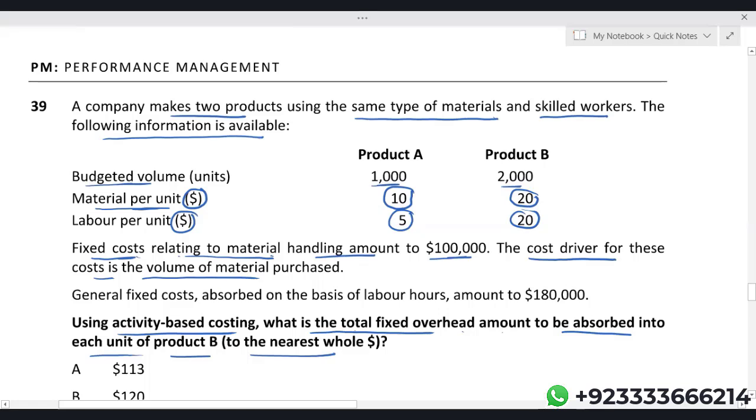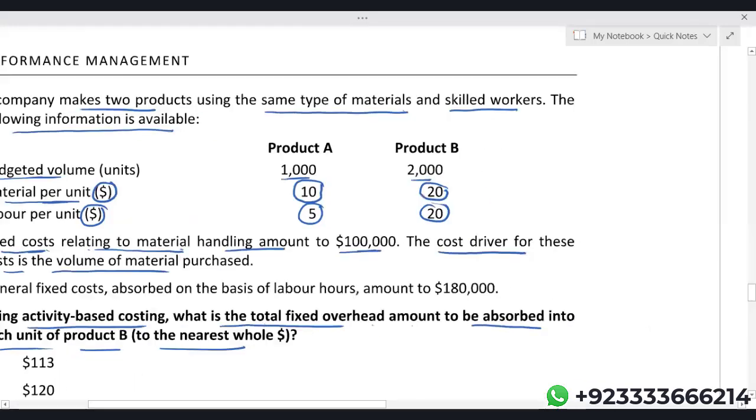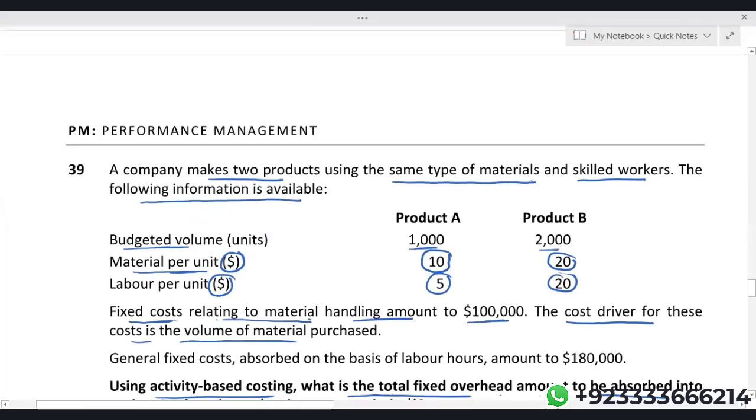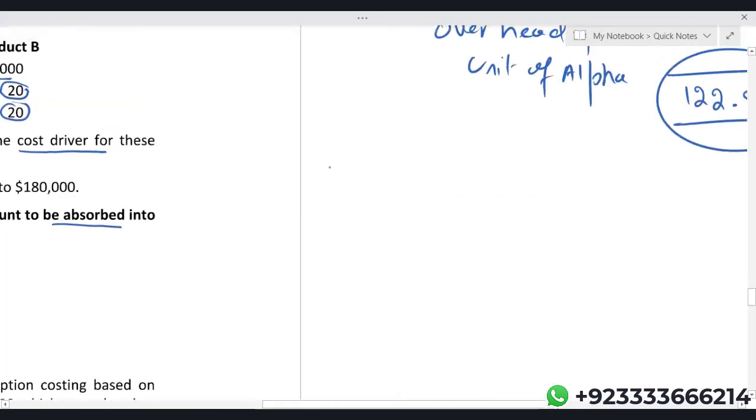Examiner has given us: material handling divided by total purchase cost will give you the overhead absorption rate. Question number 39. I just want to explain one point. Overhead absorption rate relating to material handling.